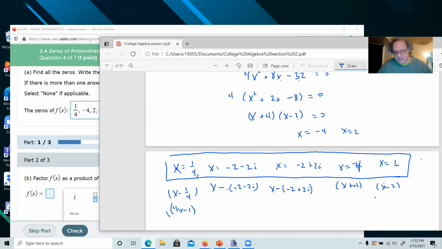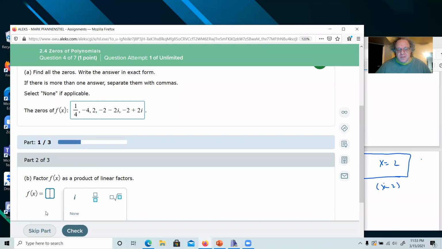We could put this in here. We'd have, right, x plus 2 plus 2i, x plus 2 minus 2i. So that's not going to hurt anything, right? And now that I've done it, I might as well keep it, right? So let's see. I wonder if they'll let me get away with this.